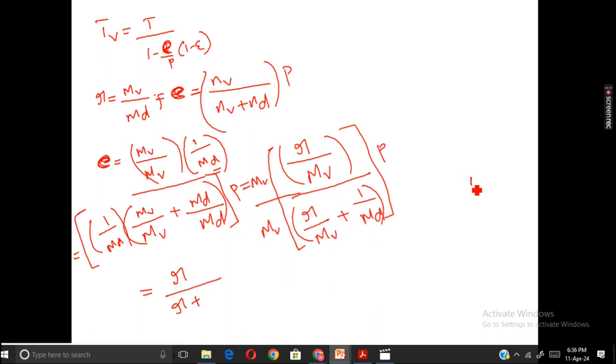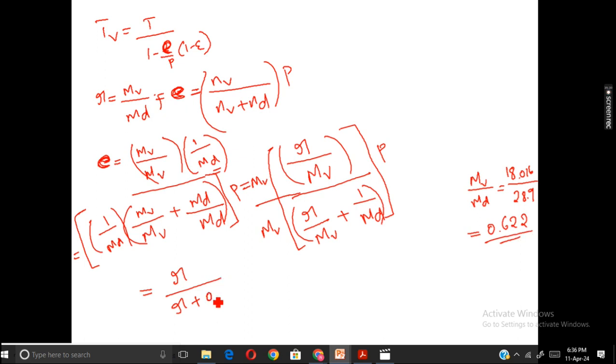As I said, mv by mv is basically the molecular weight of vapor, which is 18.016, divided by the molecular weight of dry air, 28.9, giving a value of 0.62. We have already discussed how to calculate the mass of vapor and mass of dry air based on the constituents of the parcel, so substituting these, we get a value 0.62.